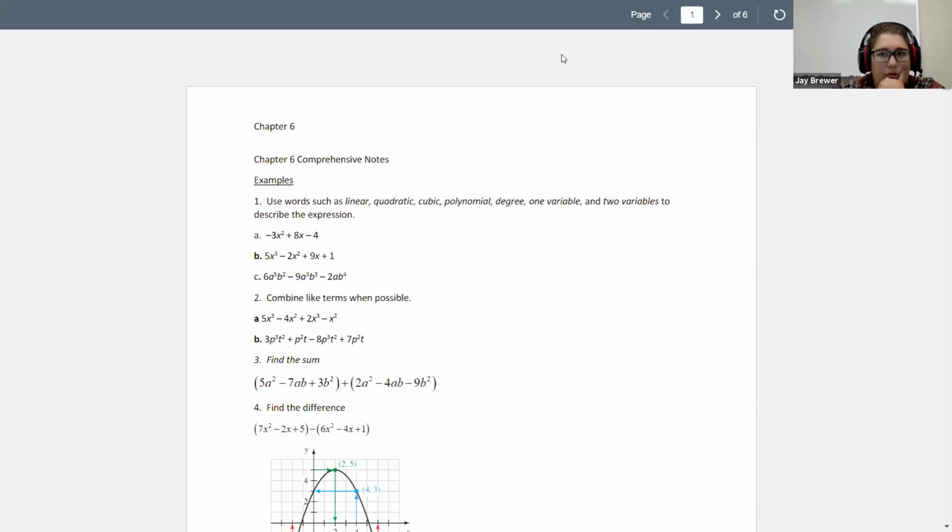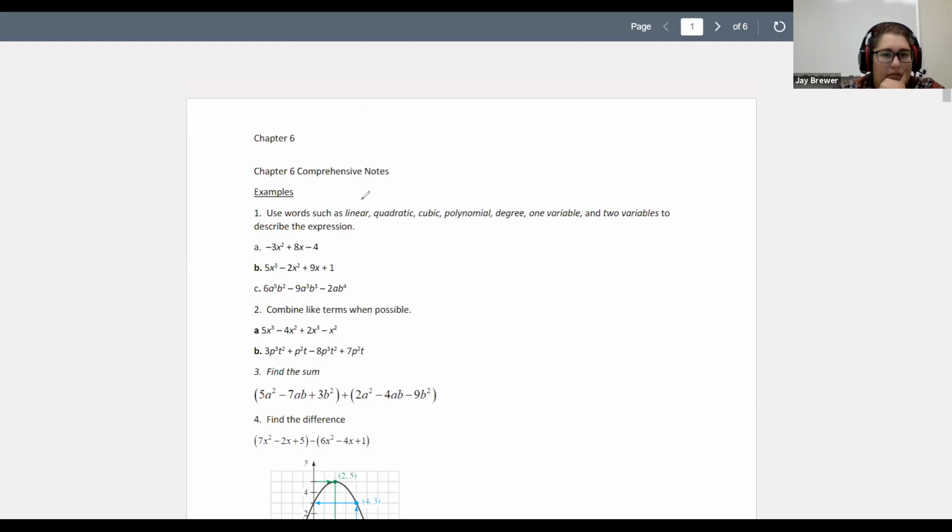Yep, so if you were to describe to me the function, what would it have? F of x. Right, it would have just an x. So linear is going to be just an x.